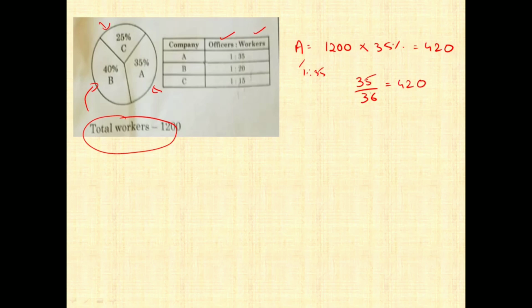So if you find out the value of total number of employees, you get 420 into 36 divided by 35, which will give you the total number of employees as 432 in company A.